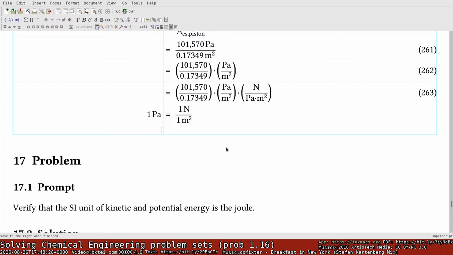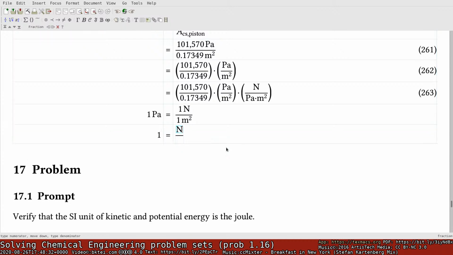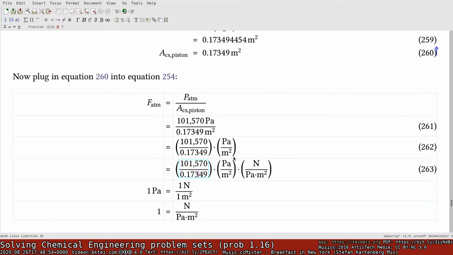Yeah, should be. Something is wrong here. The units just don't line up. Okay, let's see. What am I missing?